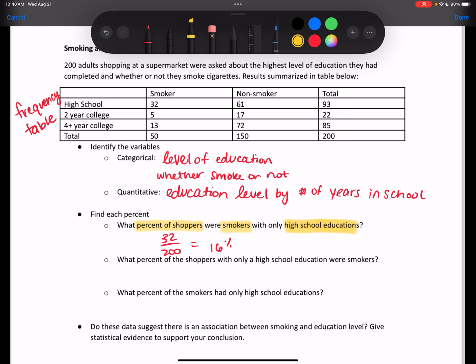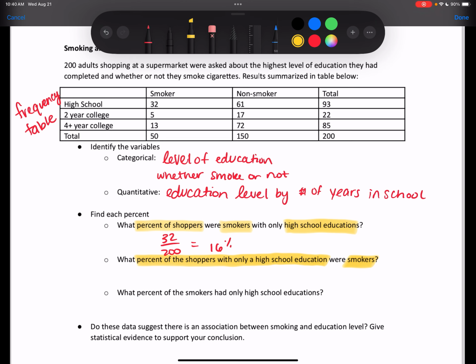For the next one, what percent of the shoppers with only a high school education were smokers? So what does that imply my total is for the denominator? 93, because it's the shoppers with only a high school education.